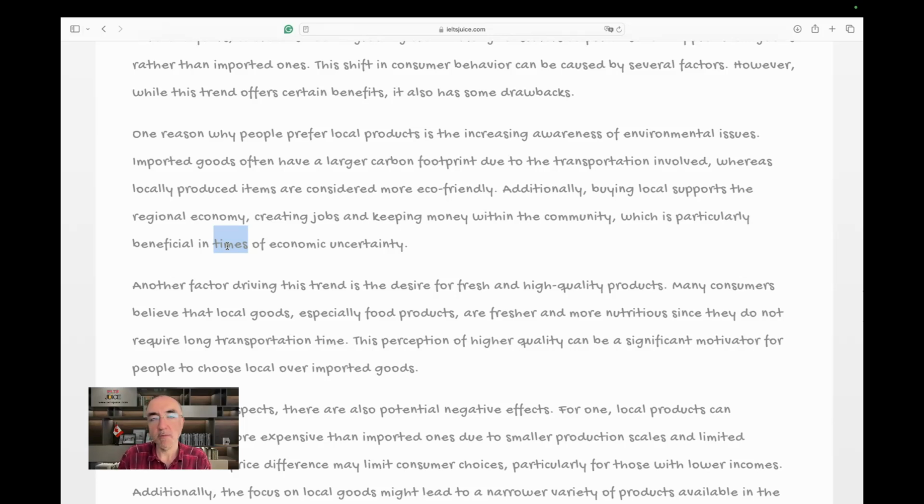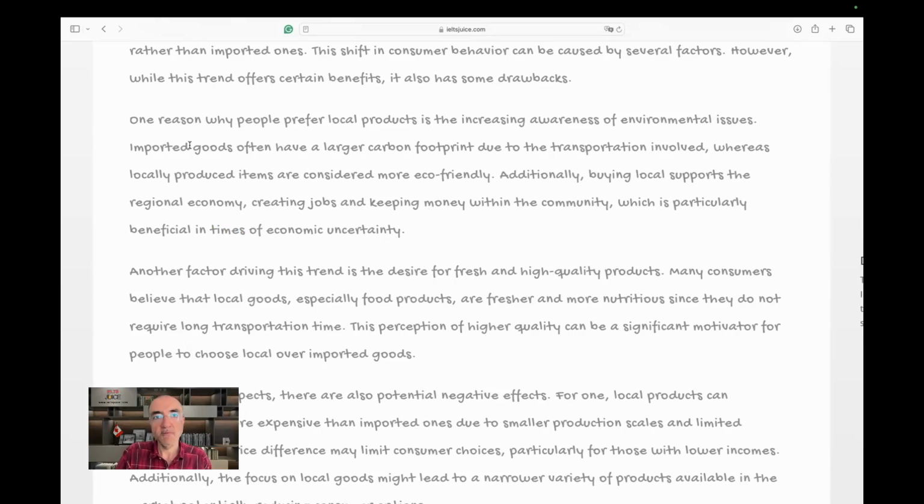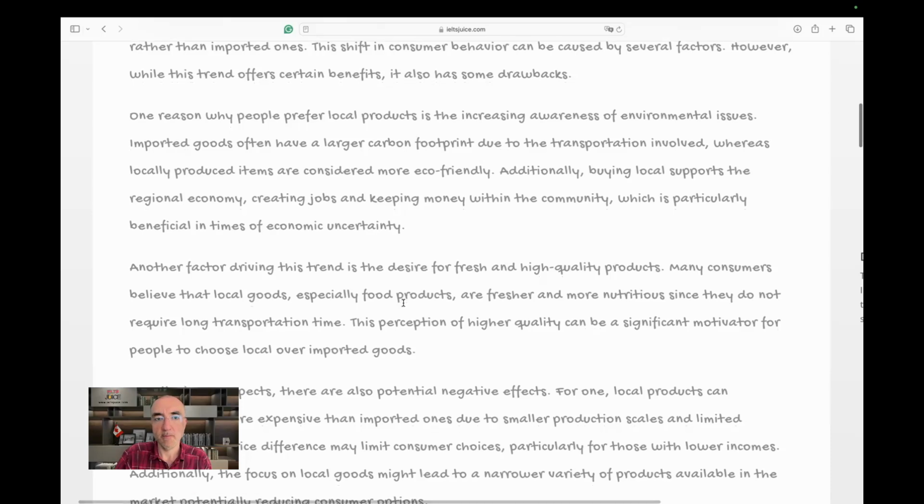In times means in eras, in time frames. So imagine periods of time. I love this paragraph. We talked about the environmental issues of transporting goods, which is accurate. You have to spend a lot of diesel fuel and money to ship products from one corner of the world to the other corner. If you buy locally, then this is eliminated.